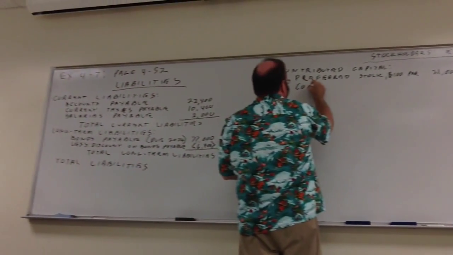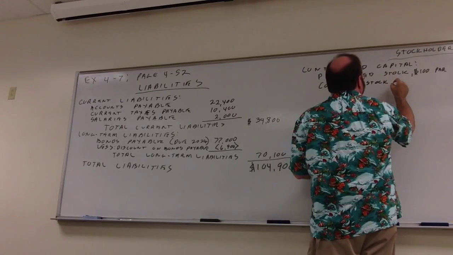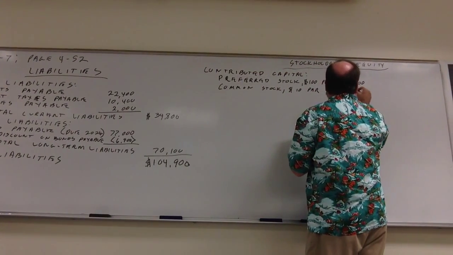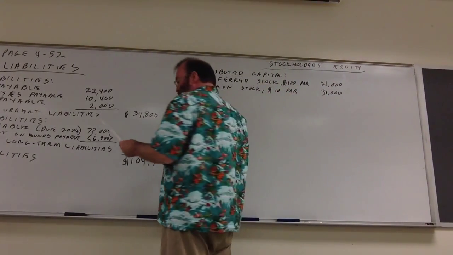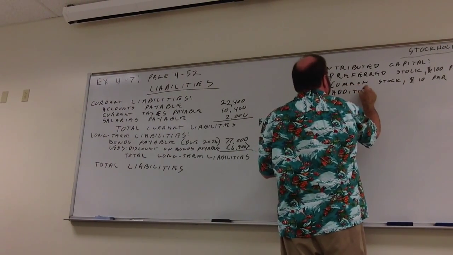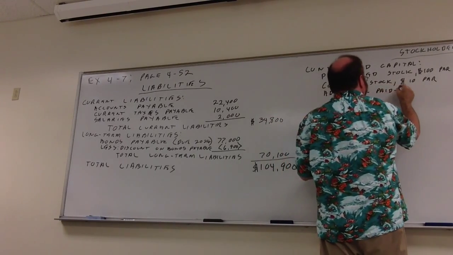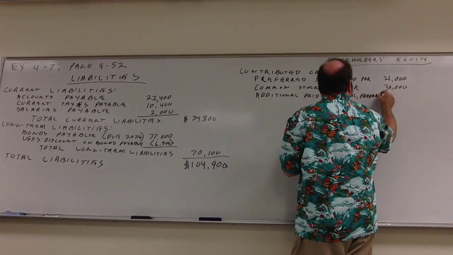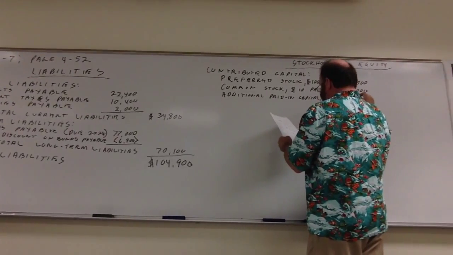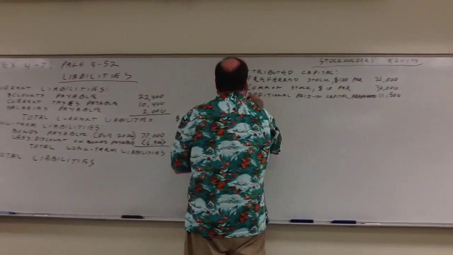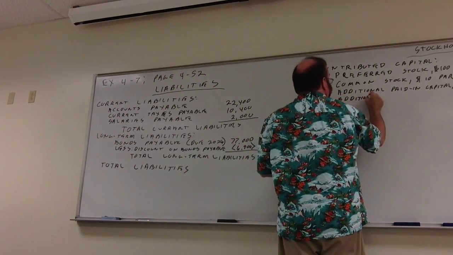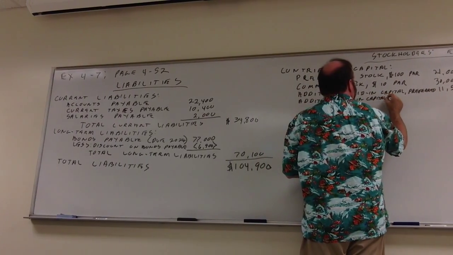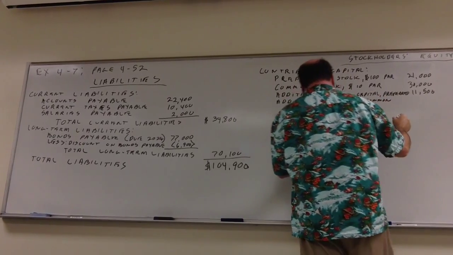And then common stock has a $10 par. There is additional paid-in capital on the preferred stock of $11,500, and then additional paid-in capital on the common stock of $24,000.